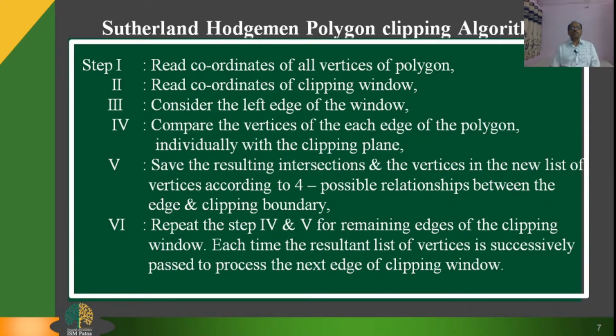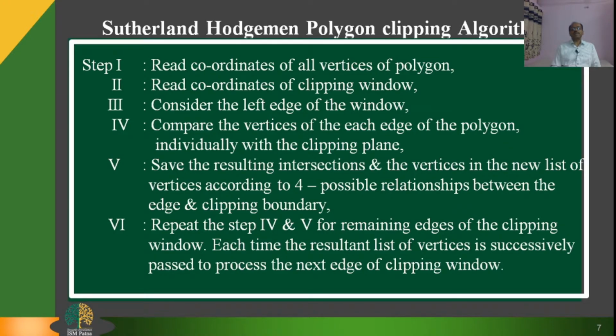Then for this purpose there is an algorithm developed by Sutherland, which is popularly known as the Sutherland-Hodgman algorithm, and accordingly we read the coordinates of all vertices, read the clipping coordinates of the clipping window, by which we see what part falls in the window and what edge comes outside the window.